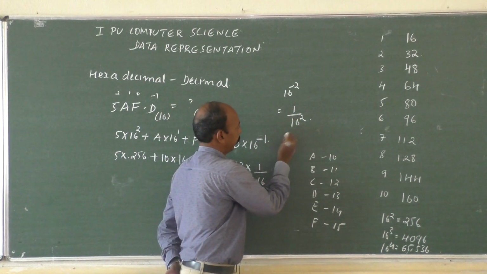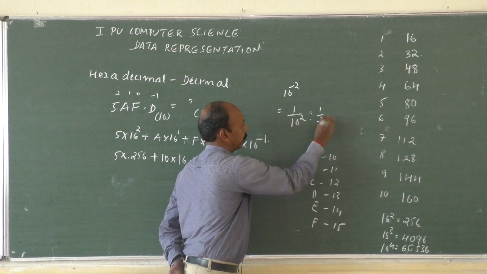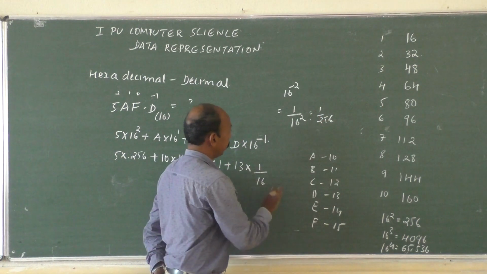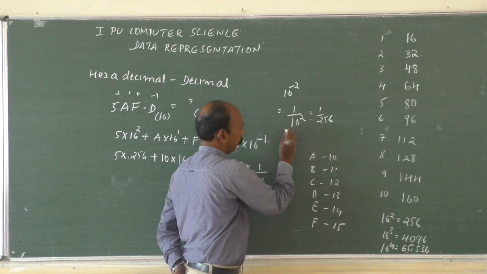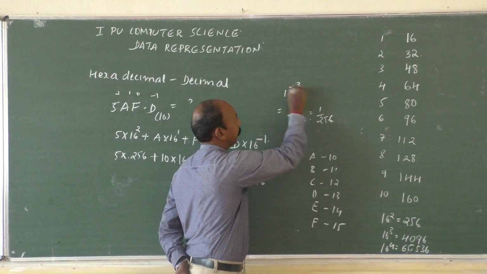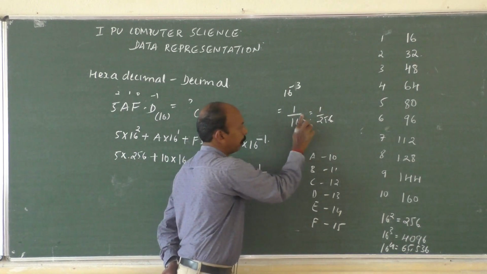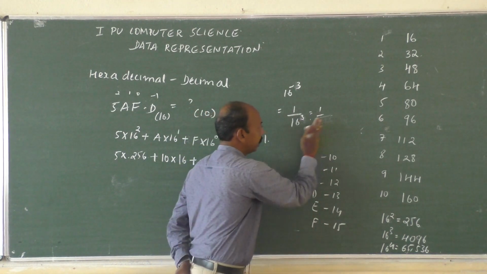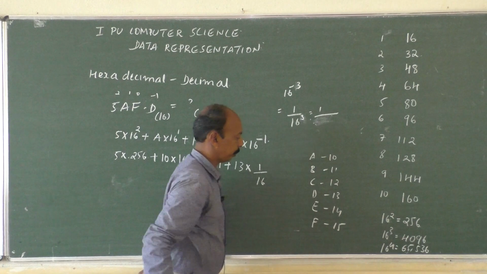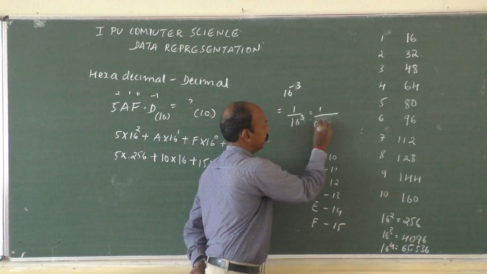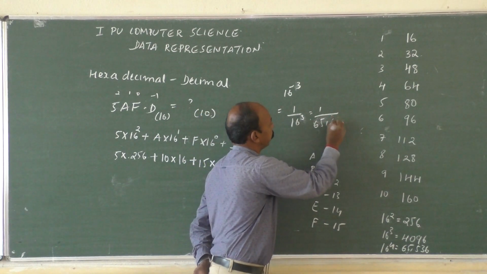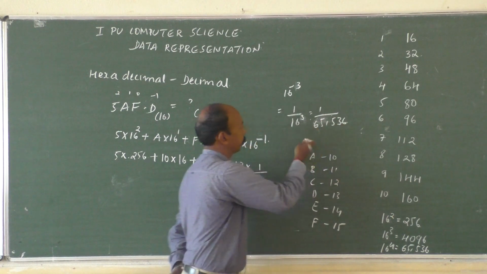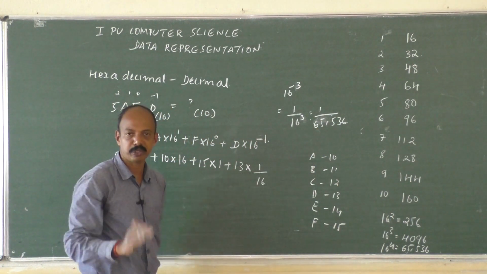Similarly, 16 to the power minus 3 will be 1 by 16 to the power 3, which is a very small value, 1 by 65,536. Of course, this is not there in this calculation, just for your information.